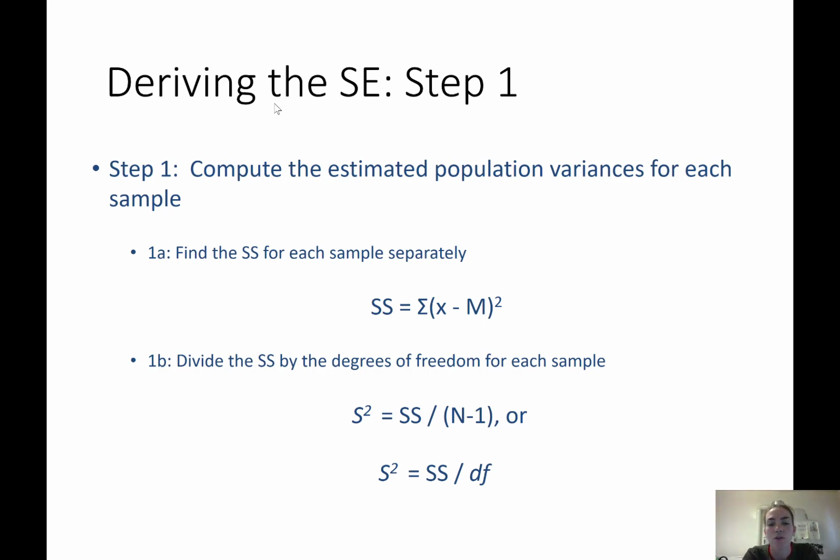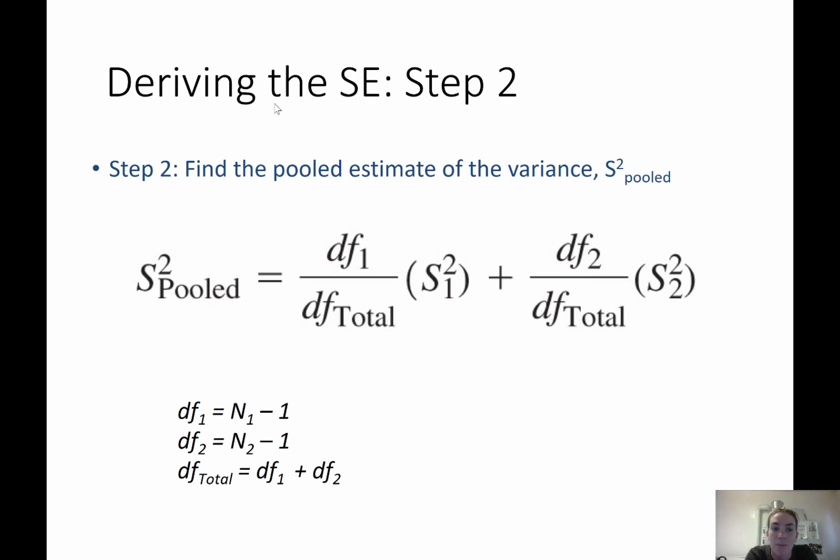So sum of squares over degrees of freedom for each group will give us that group's estimate for what the true population variance is. Then we can calculate the pooled estimate, or the average estimate for population variance. And remember, this is to meet the assumption of homogeneity of variance.